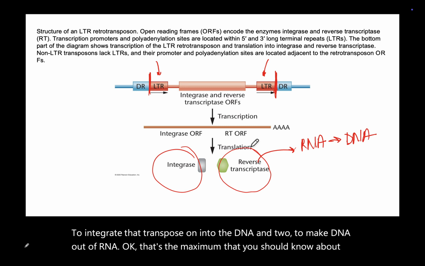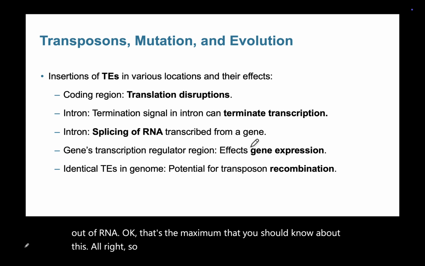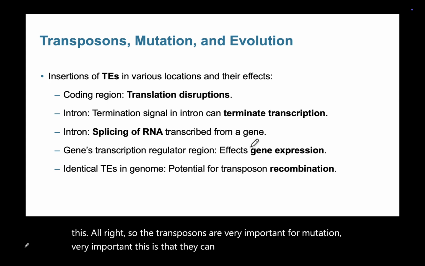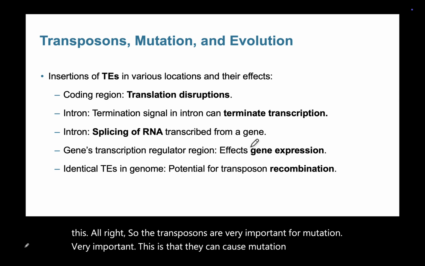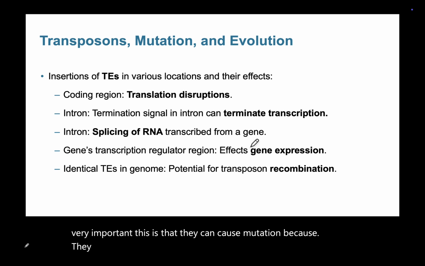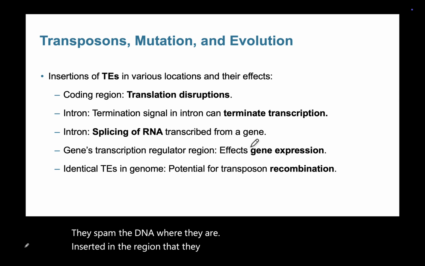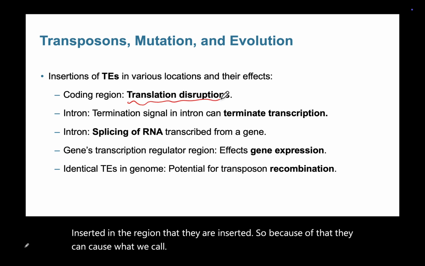All right? So the transposons are very important for mutation, very important in the sense that they can cause mutation because they span the DNA where they are inserted, in the region that they are inserted. So because of that, they can cause what we call translation disruptions, okay?